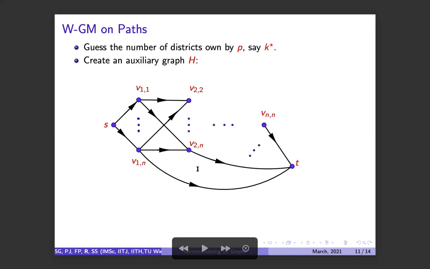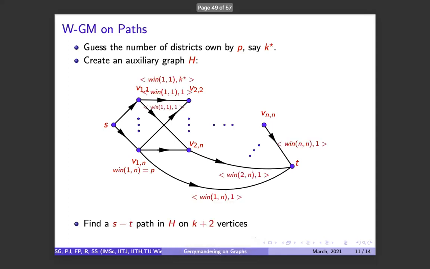Now in this graph, we also have labels on the arcs. So what do these labels mean? Remember that I have guessed that my candidate P wins in K star many districts.